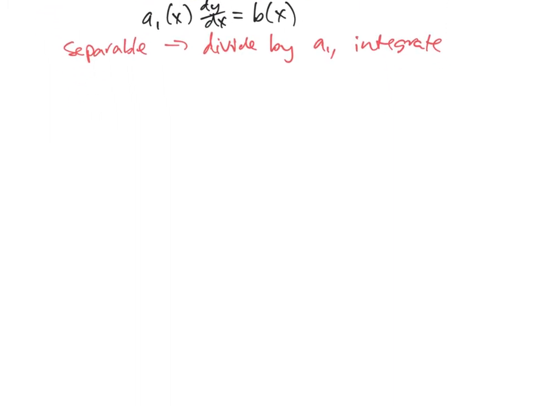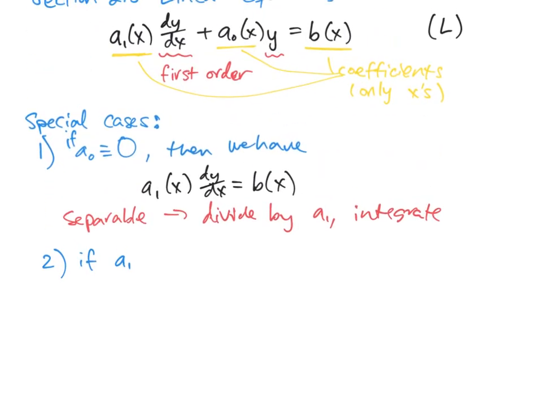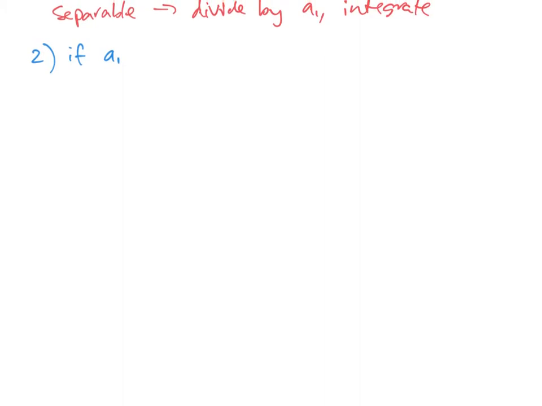So now let's think about another special case. Let's suppose that a1, our term in front of our first derivative, that's why we decided to notate it that way.